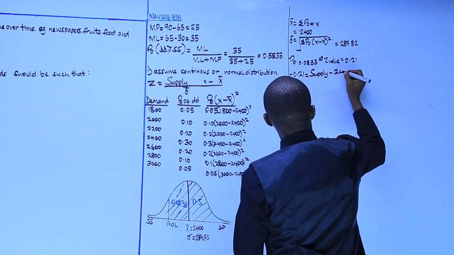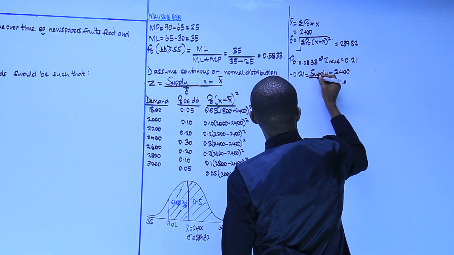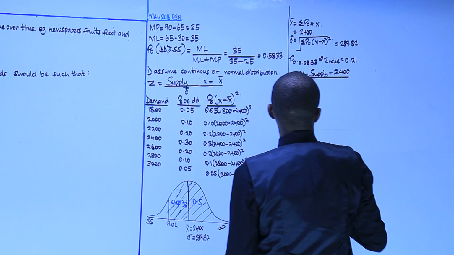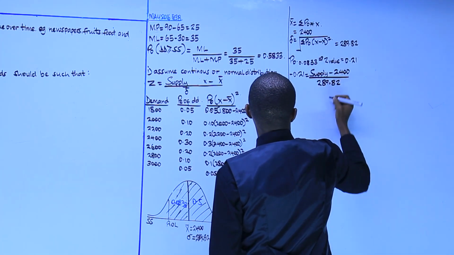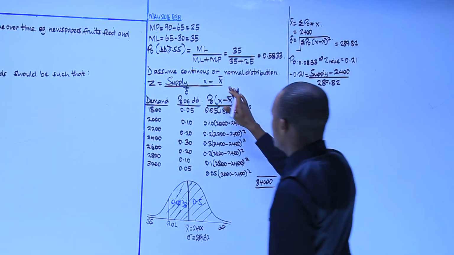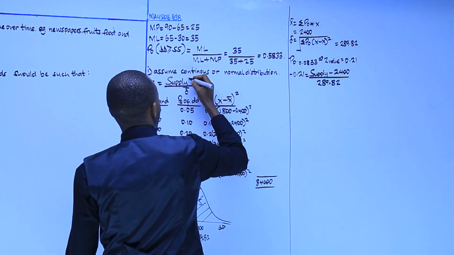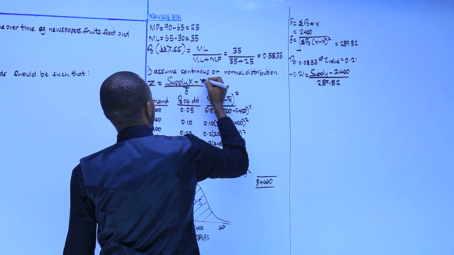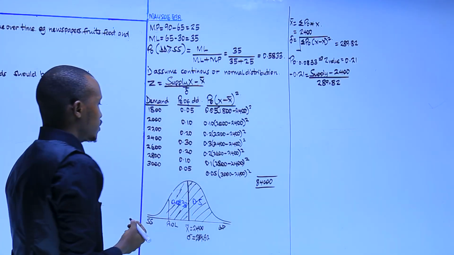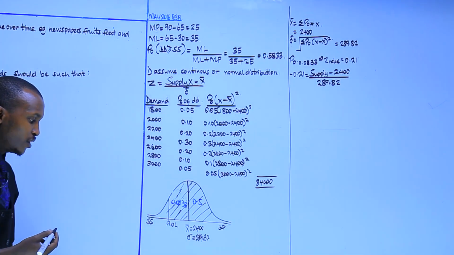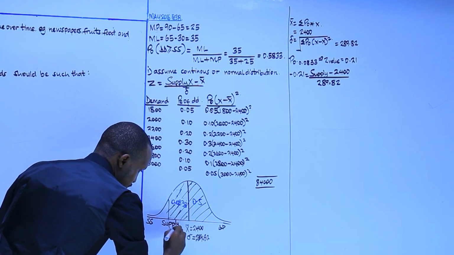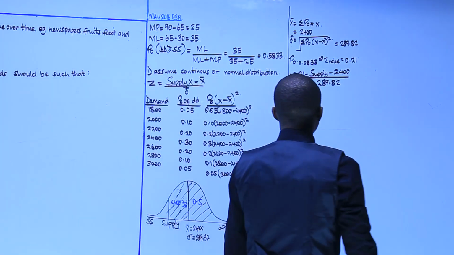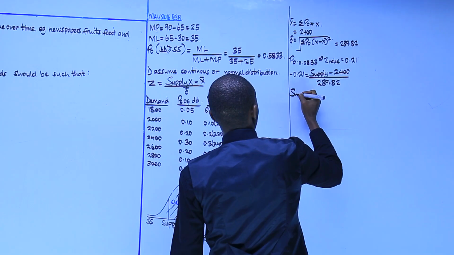Your mean is 2400. Your standard deviation was 289.82. All right, supply instead of reorder level. So let's refer to this as supply here also. So we need to determine our supply.